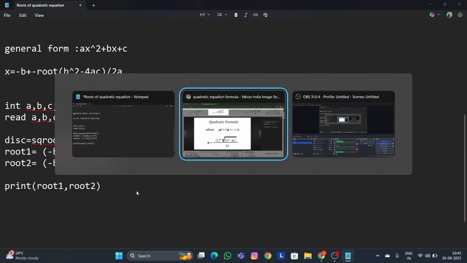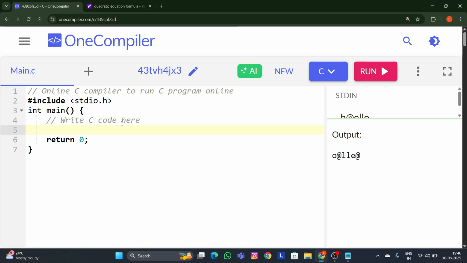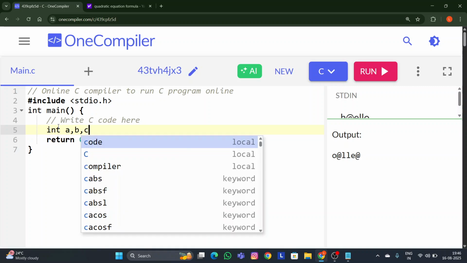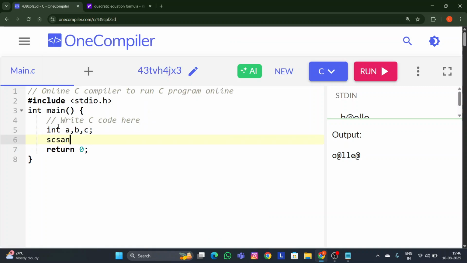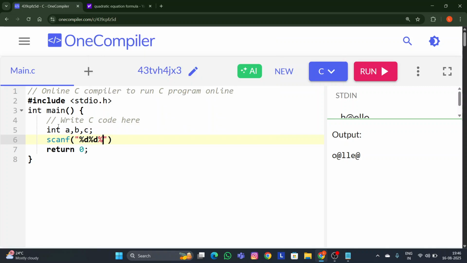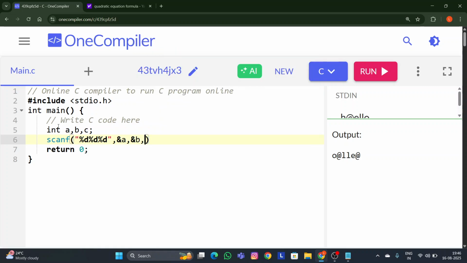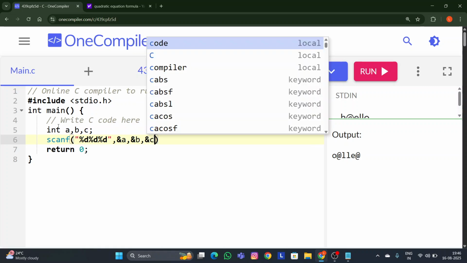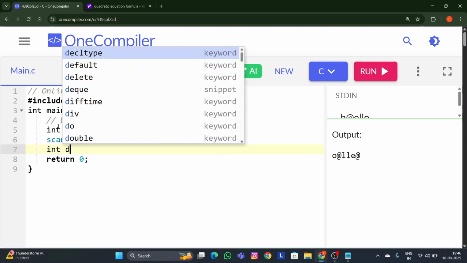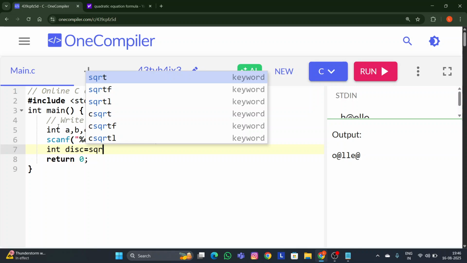Let's code it in the online compiler. I am reading a, b, c values with scanf percentile d, address of a, address of b, address of c. Then I am calculating the disk value using square root.